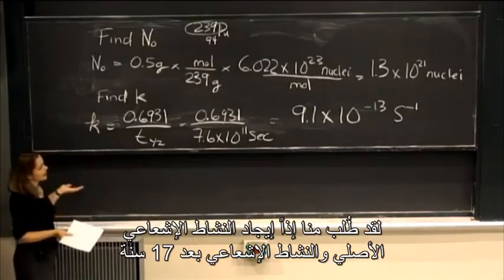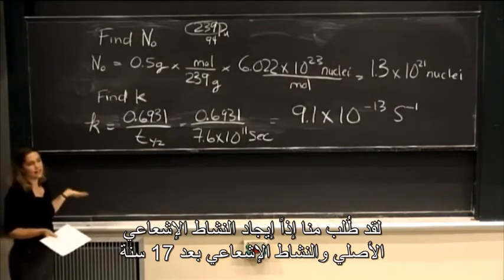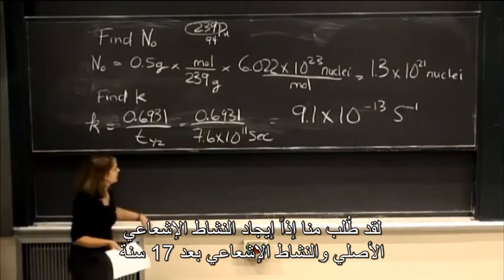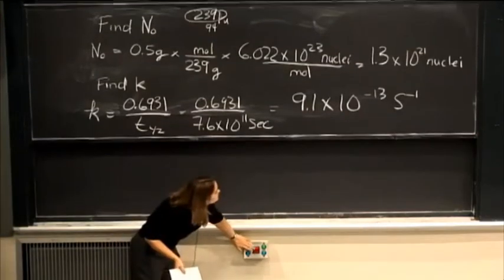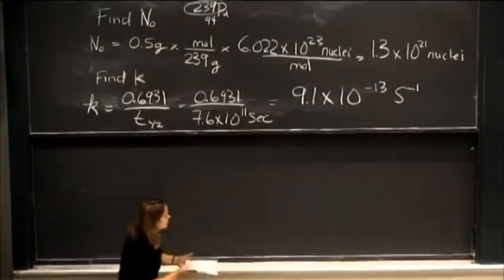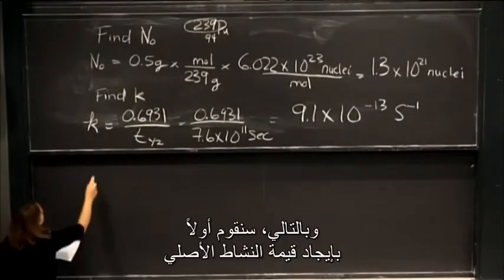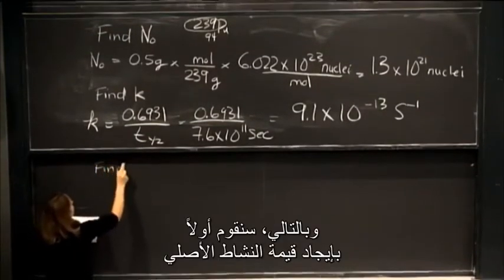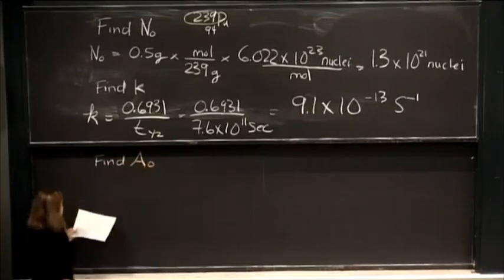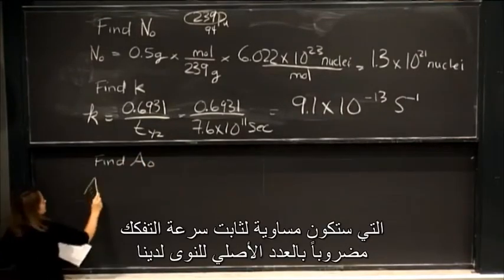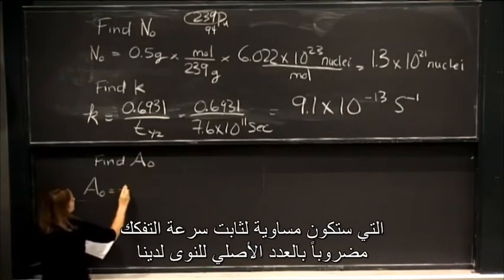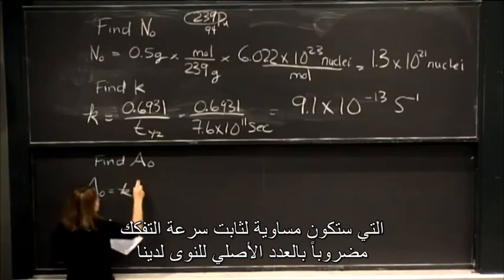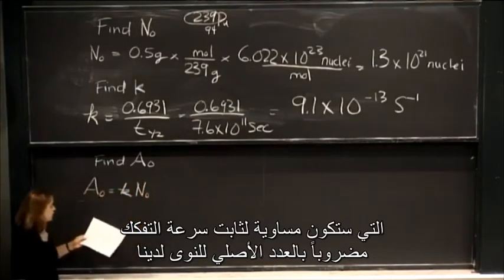So now we were asked to find the original activity and the activity after 17 years. So first we'll find the original activity. And the original activity is going to be equal to our rate constant times our original number of nuclei.